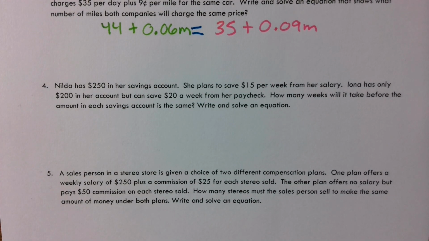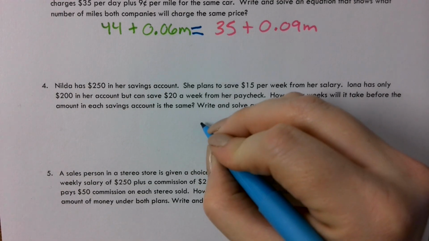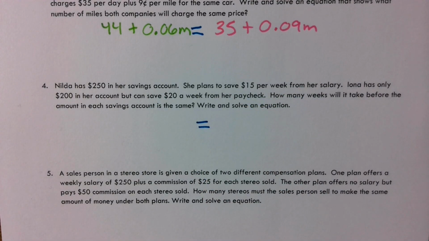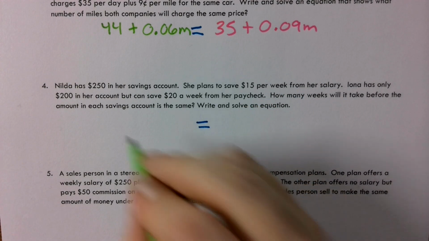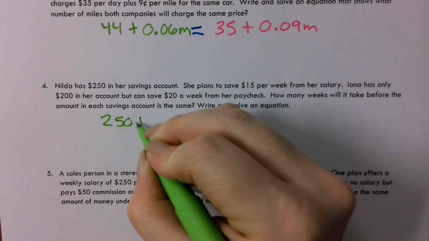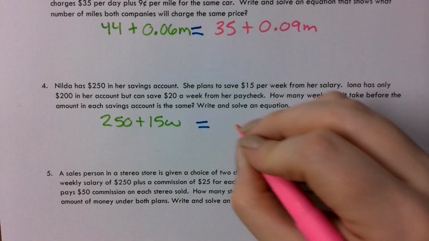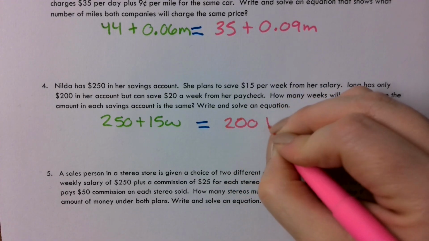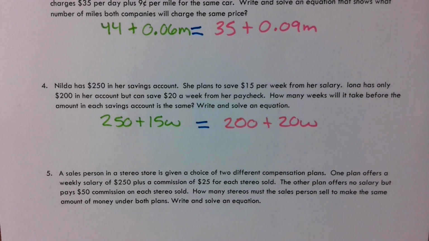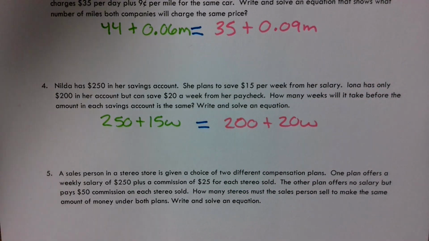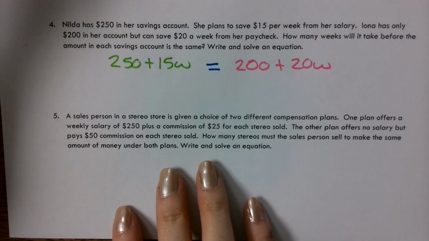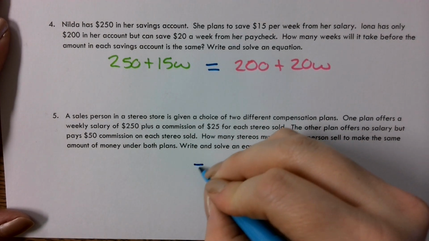All right, let's take a look at problem number 4. What is that going to be for problem number 4, Ari? Good. 250 plus 15W equals 200 plus 20W. All right, and then our last one.